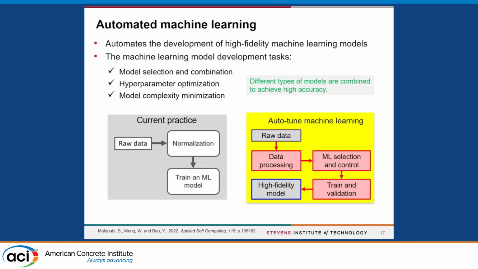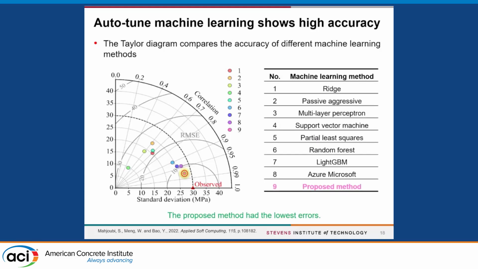Compared to the current practice that inputs the raw data, normalizes the raw data, and trains specific machine learning models, our method automates the data processing, machine learning selection, model selection and combination, training and validation, and automatically outputs the high-fidelity model. As you can see here, compared to the other methods that we listed here, our method shows a higher accuracy in accordance with the Taylor diagram.